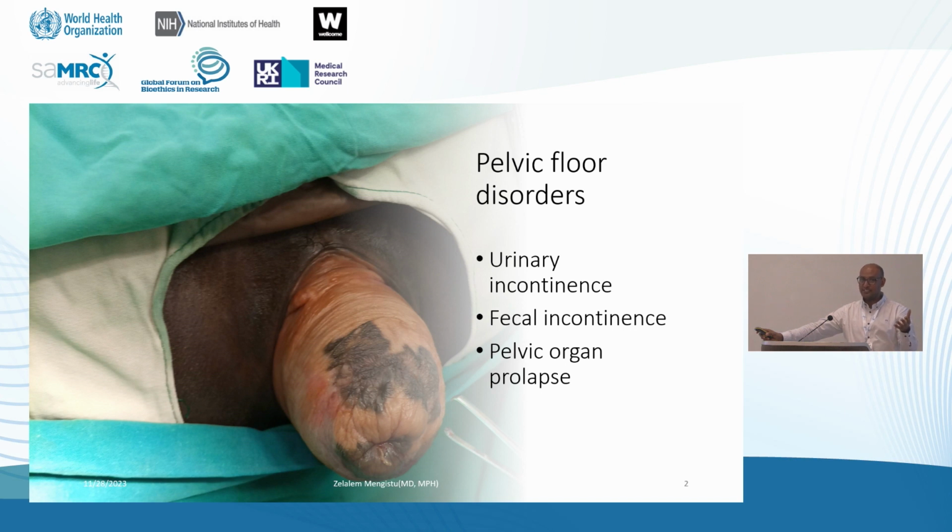Pelvic floor disorders contain pelvic organ prolapse, as you can see on the picture. So protrusion of genital organs, and urinary incontinence, basically non-fistula urinary incontinence, because when we set this priority setting partnership, we found fistula is more explored, more has been said, so we focused on non-fistula incontinence and fecal incontinence.